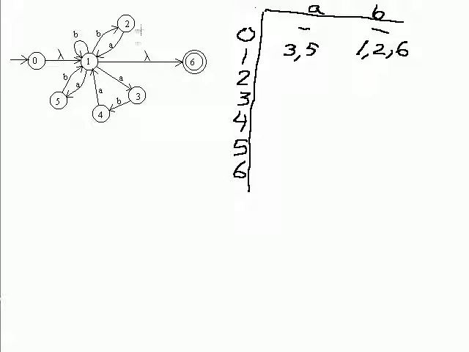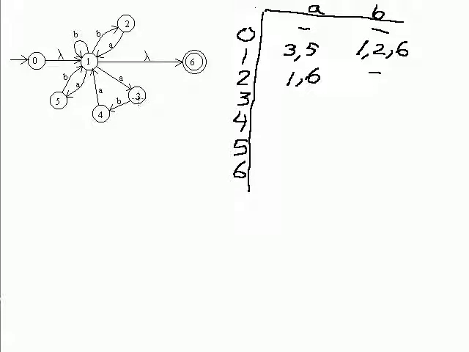Now let's do state 2 on A. State 2 on A takes us to state 1. Remember that if you land somewhere where there are lambdas available, you take those lambdas too, after you've used the letter. So we pick up 1 and 6 here. State 2 on B, don't go anywhere. State 3, down here.